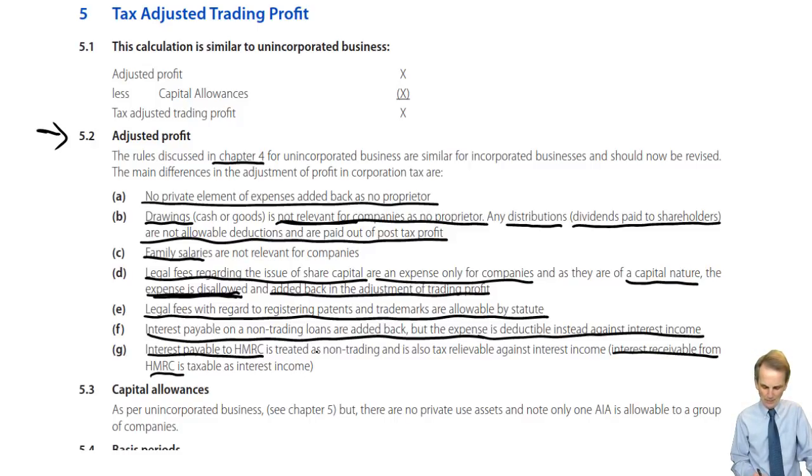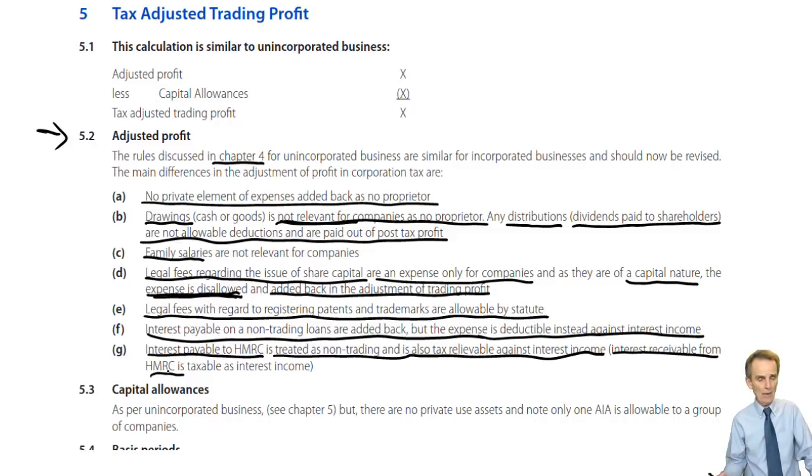So interest payable is treated as a non-trading loan, and is tax relievable also against interest income. Interest receivable: we've made an overpayment of tax, therefore not only do we get our money back, we get not very much interest, but we get some interest back. That is taxable as interest income.